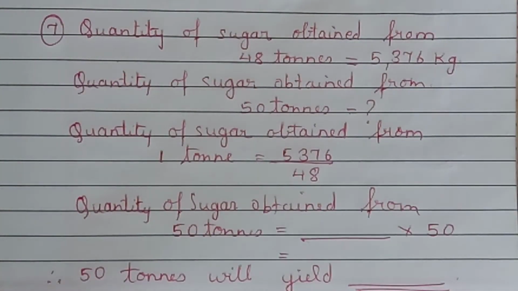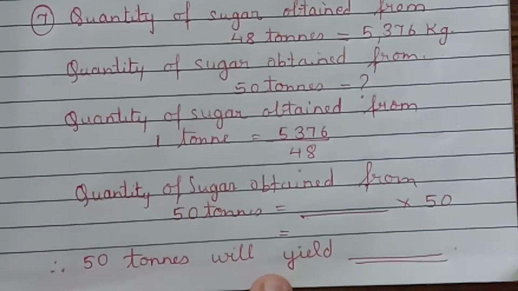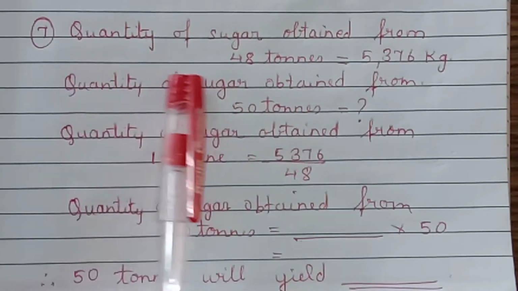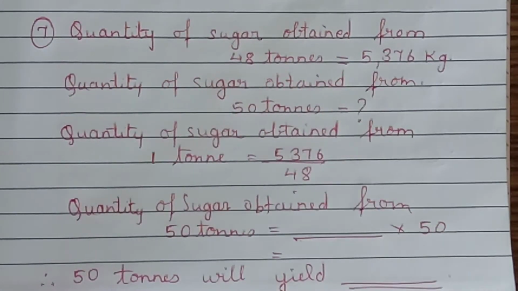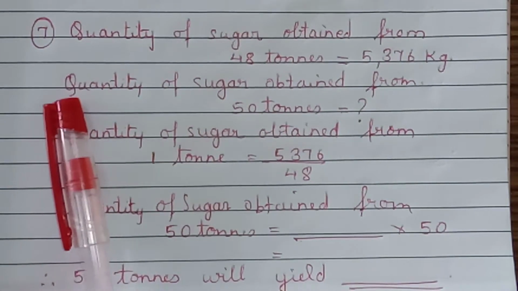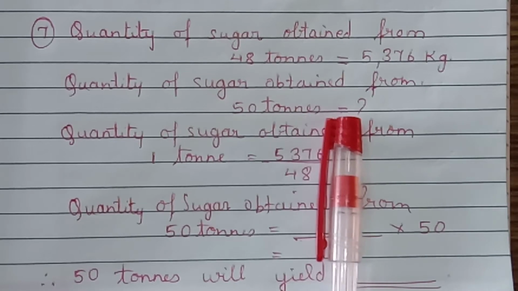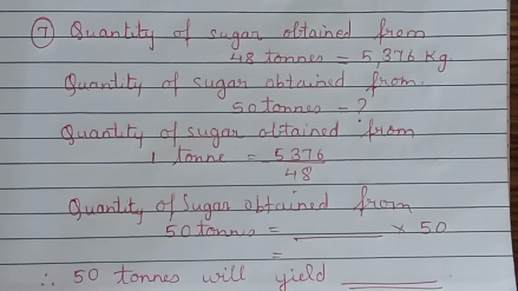Now here I have taken the solution. First what I have written: quantity of sugar obtained from 48 tons is equal to 5,376 kg. They have given us this in the question. Next, what we have to find out: quantity of sugar obtained from 50 tons is equal to question mark.